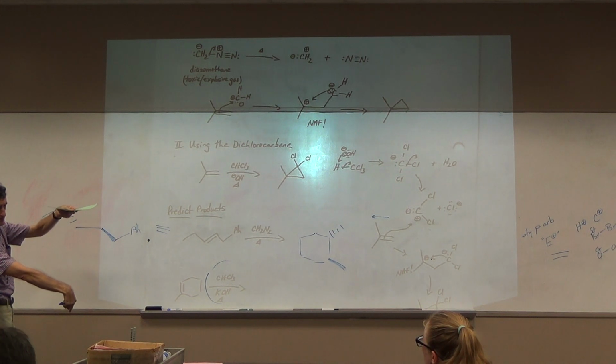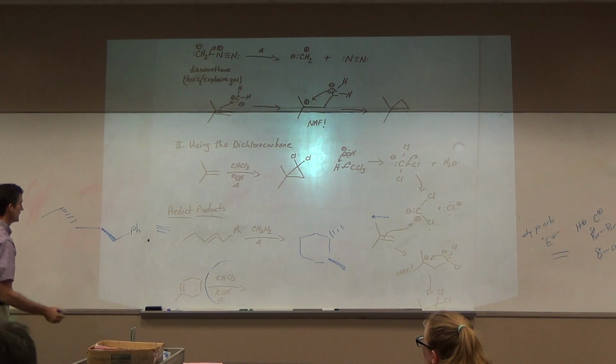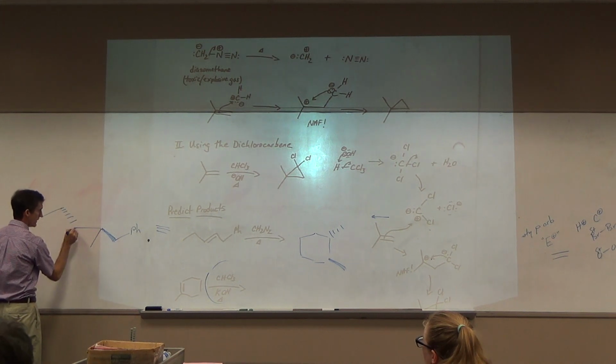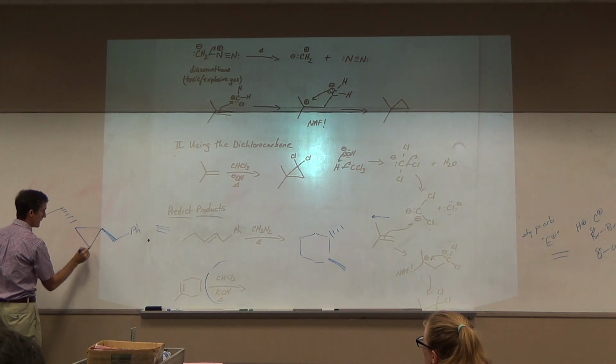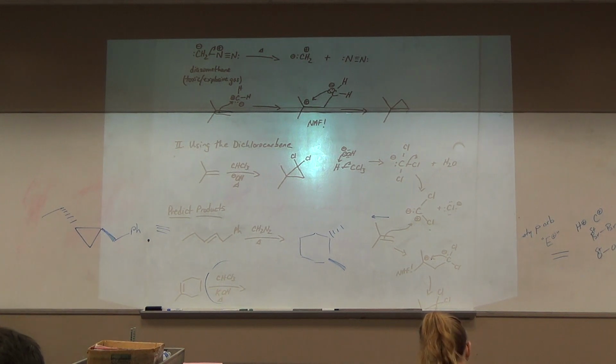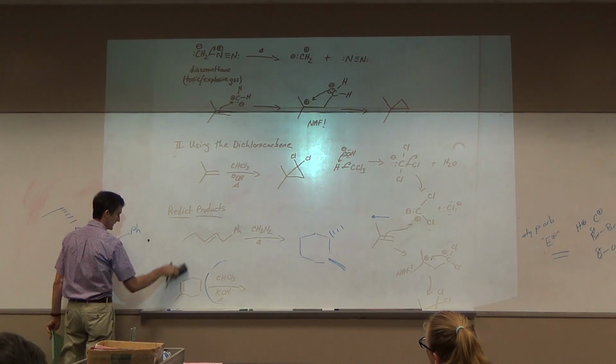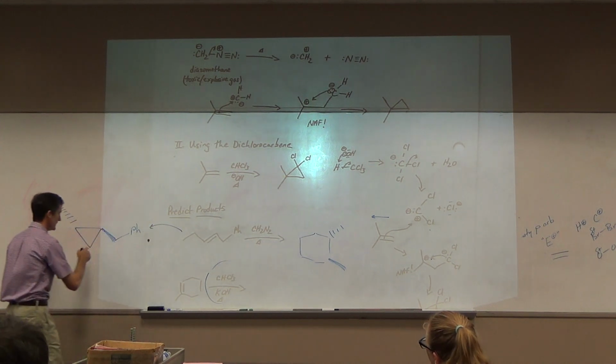It's got a lone pair. It's immediately going to back bond, and both of those bonds are going to be straight down. All right? So this no longer equals that. Now this gave that.